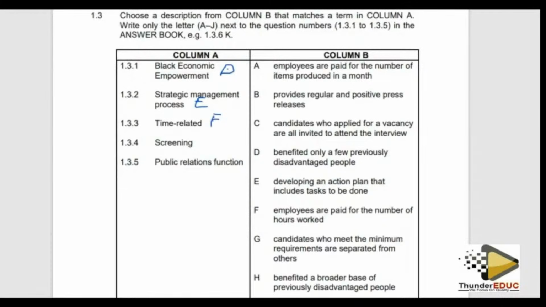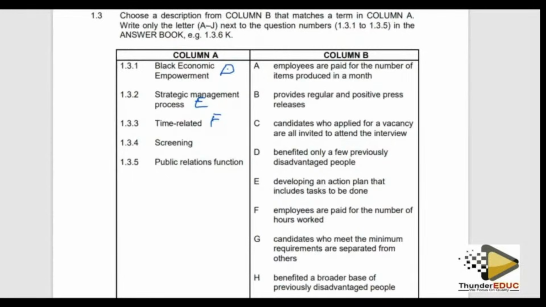So now moving on to the next question. What do we call screening? Normally screening is done after the submission of the CVs. After the submission of the CVs, that's when screening takes place.